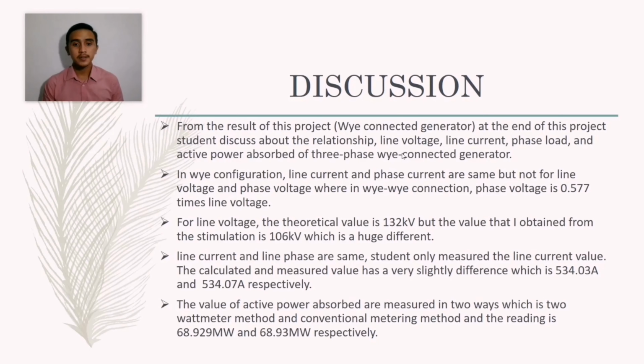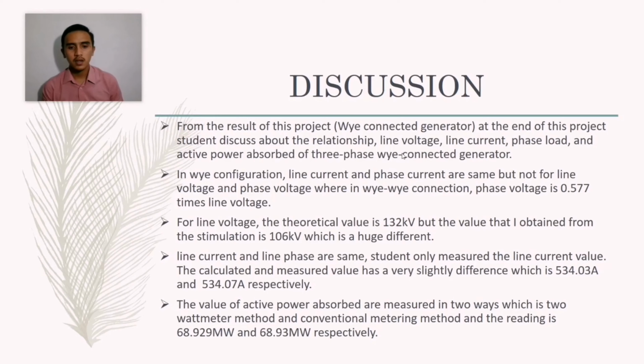In Y configuration, line current and phase current are the same but not line voltage and phase voltage, where in Y to Y connection, phase voltage is 0.577 times line voltage. So for line voltage, the theoretical value is 132 kilovolt, but the value that I obtained from the simulation is 106 kilovolt, which is a huge difference.